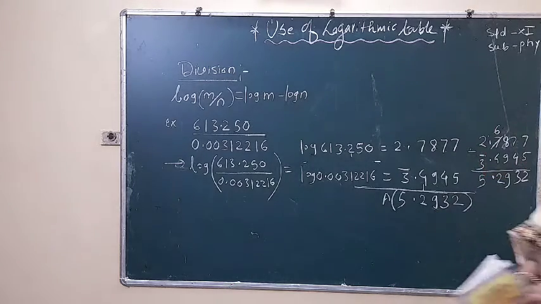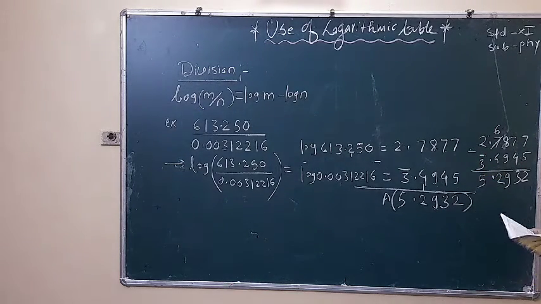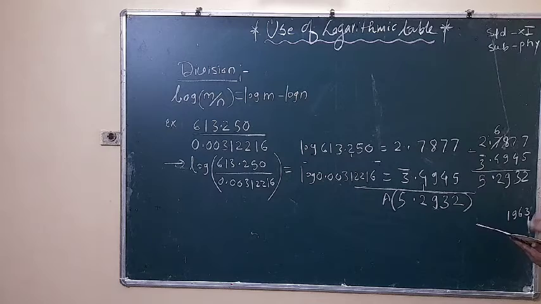Then the antilog of 29 in 3 is 1963, and the mean difference of 29 in 2 is 1.